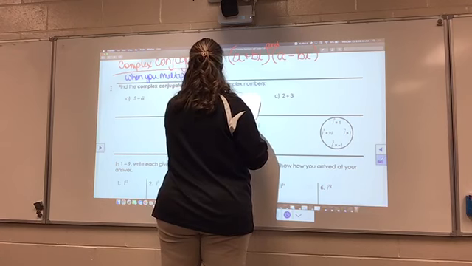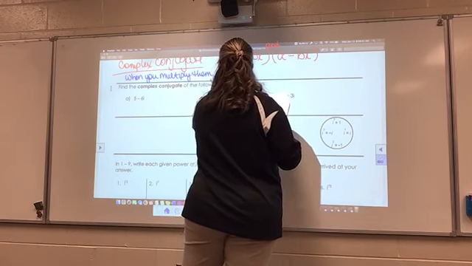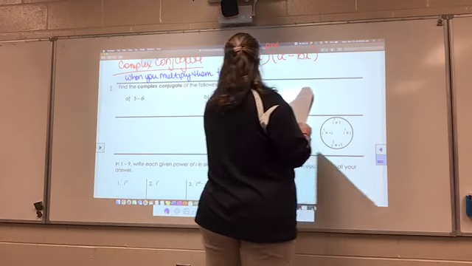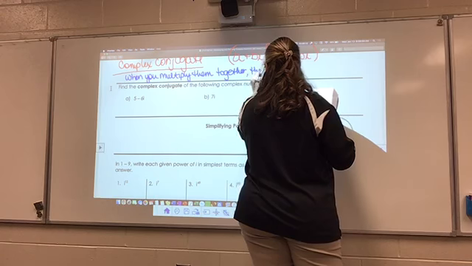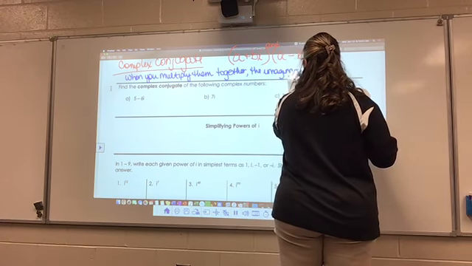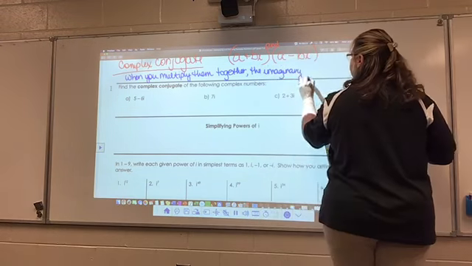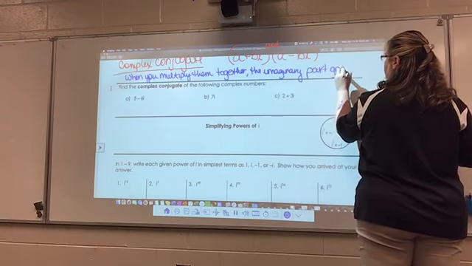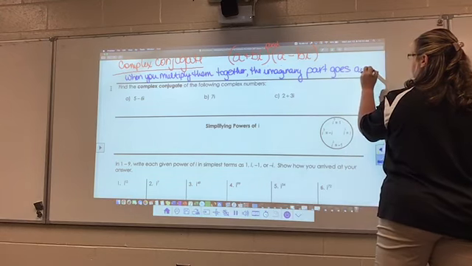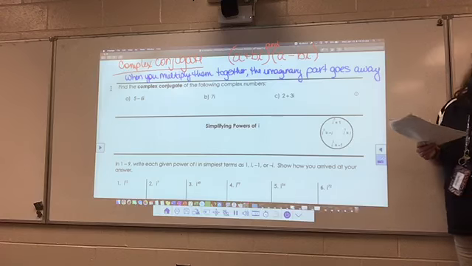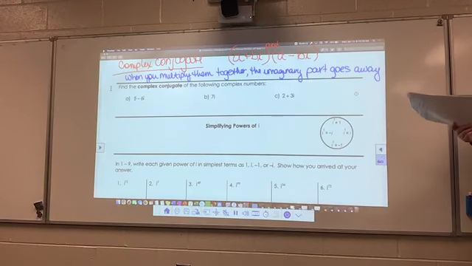So when you multiply them together, the imaginary parts go to 0, right? They'll go away. They're going to be additive inverses of each other.